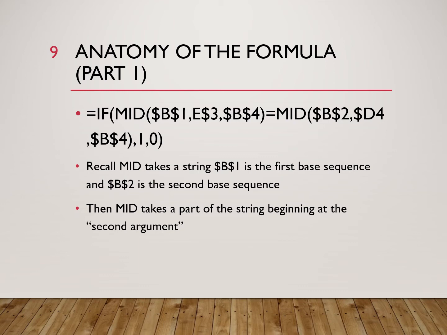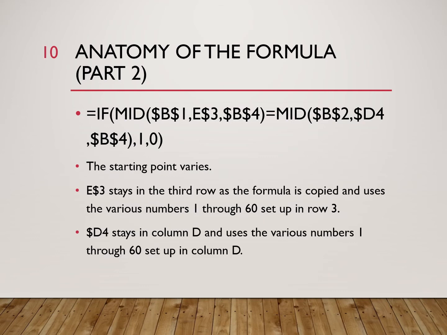The second argument in MID is where this substring, this little part of the string, begins. We are using MID to look at subsequences, and we're going to start those subsequences at different positions given by the second argument of the MID functions.